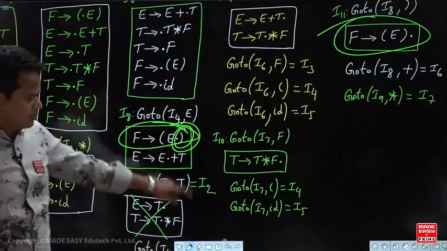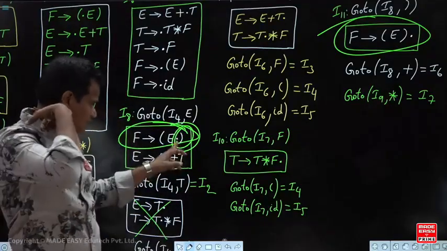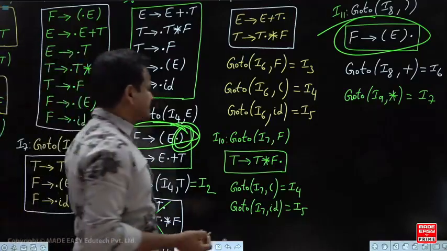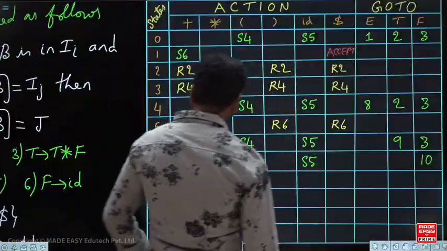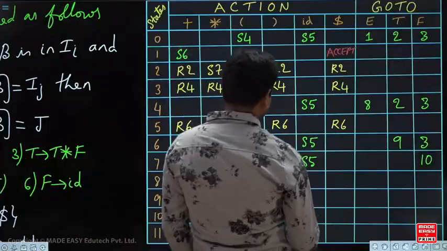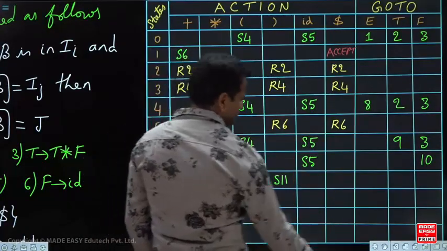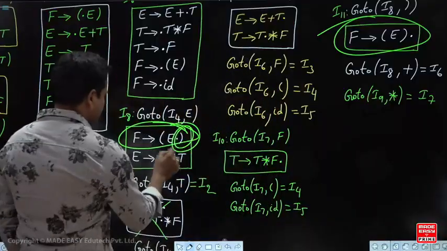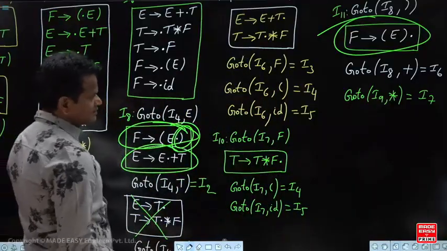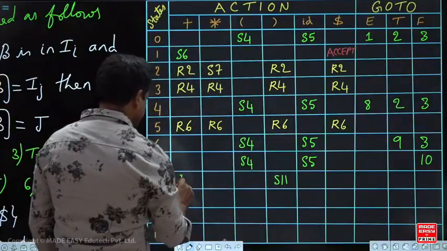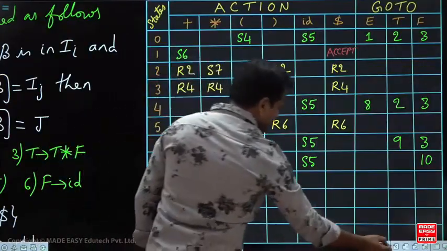So in 8 comma closed, as it is a terminal and as it has gone to I11, we write S11. Next, I8 comma plus, I6. So 8 comma plus is S6. Very simple.